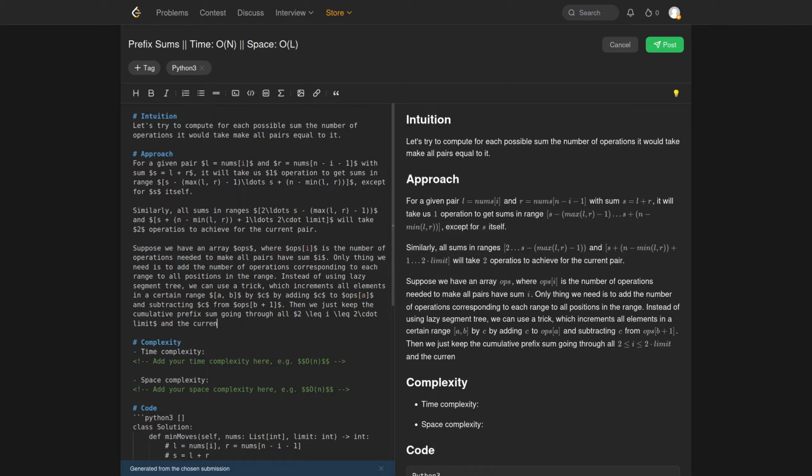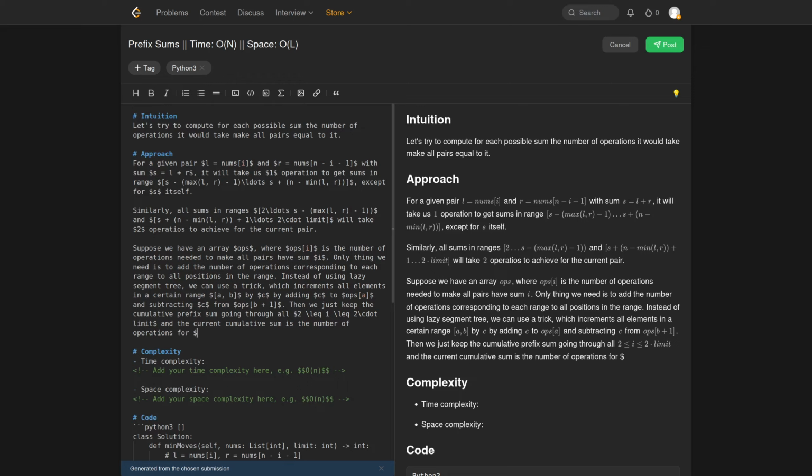The current cumulative sum is the number of operations for the current sum i. We just take the minimum of all of them.